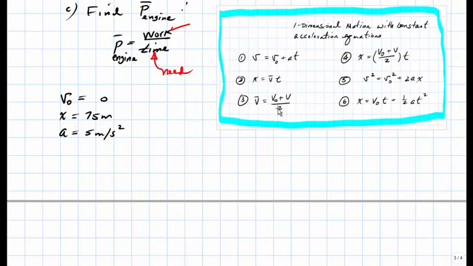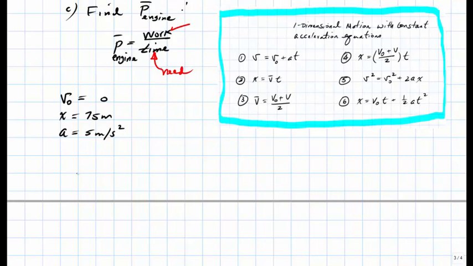Equation 3 won't work. Equation 4, let's take a look. X is known, V0 is known. Final velocity is not known, so this equation won't work. Equation number 5 does not contain time. Let's hope that the last equation works for us. We have x known, we have the initial velocity, and we have the acceleration. This is the equation that we're going to use.